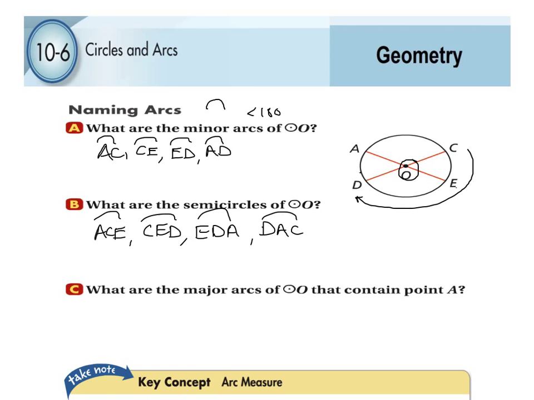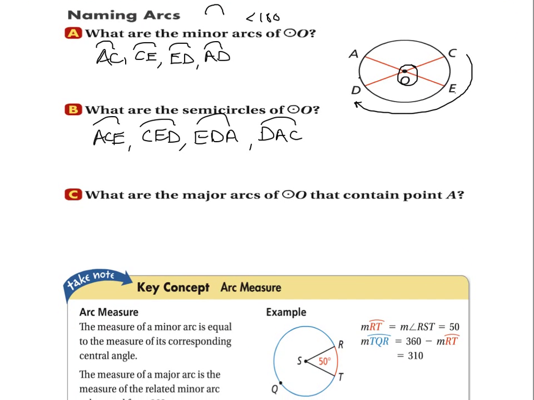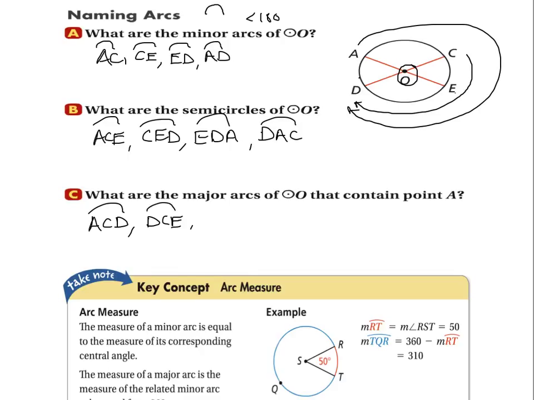Okay? So what are the major arcs of the circle here? We're going to name 4 of them. I'm going to name ACD. Again, in this case, these are more than 180 degrees. A to C to D goes almost all the way around the circle. DCE is a major arc. D to C to E, D around to C to E, is more than 180 degrees.